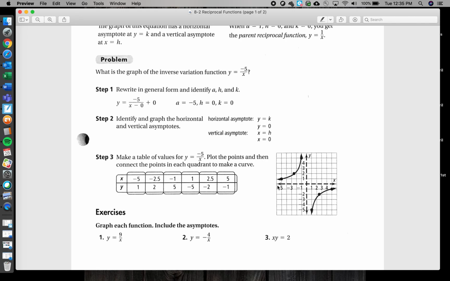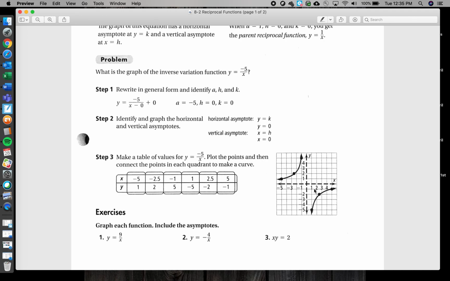And so in any parent function, your horizontal asymptote is going to be at y equals 0, the x-axis. And the parent function for a vertical asymptote is at x equals 0, which is the y-axis. And then from there, these two asymptotes are what get shifted. You basically are shifting those axes, if you will.